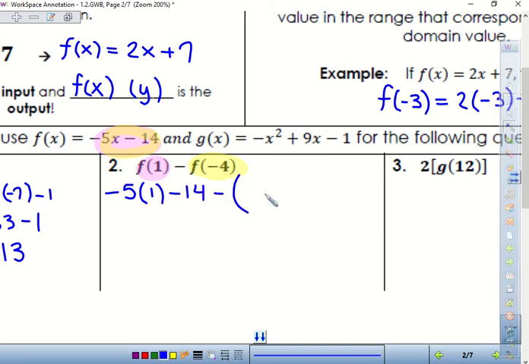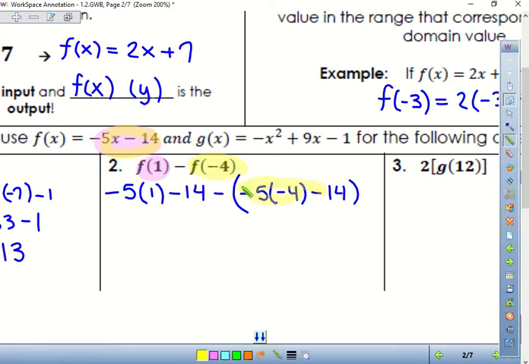And that's going to be minus, I'm going to take the function again, and now I'm going to plug in -4. If you're wondering where that all came from, this one is this one, and this one is that one. And the negative sign is from the original question, okay? So everyone understand where that came from so far?